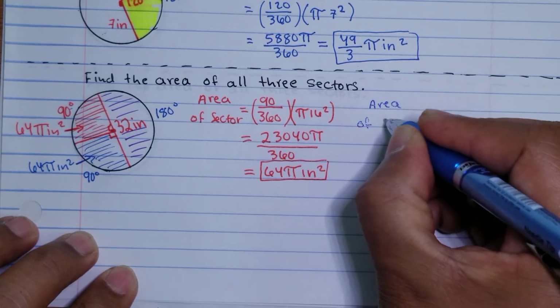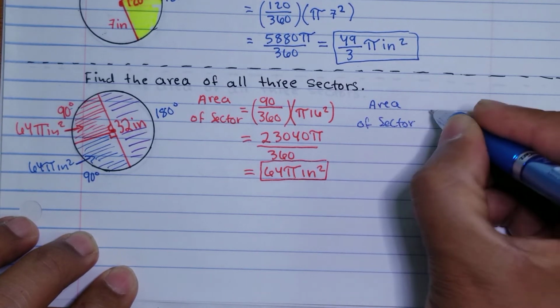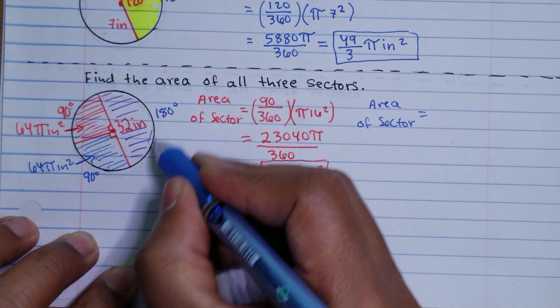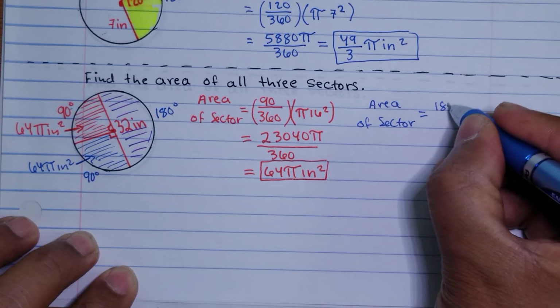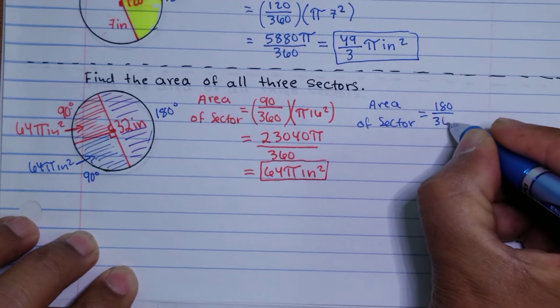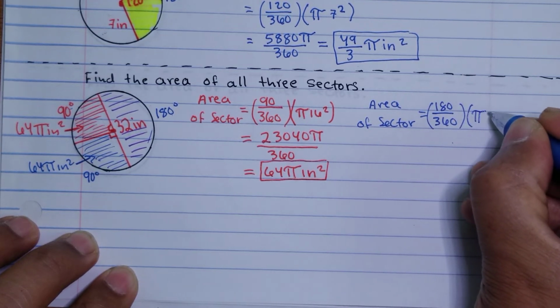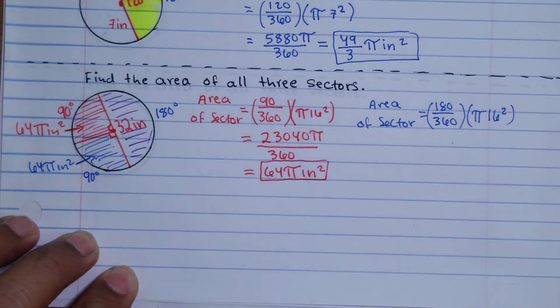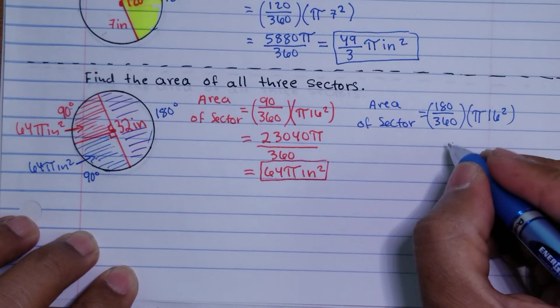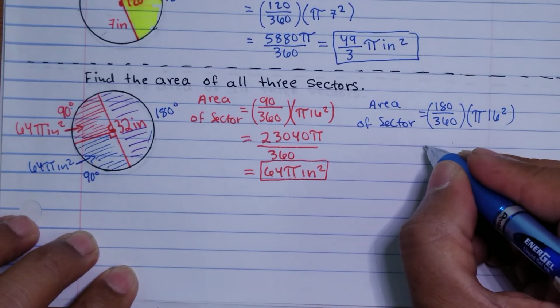So again, the area of the sector is equal to, now this arc is 180, so 180 divided by 360, multiplied by pi times 16 squared. This again is going to be a large number.